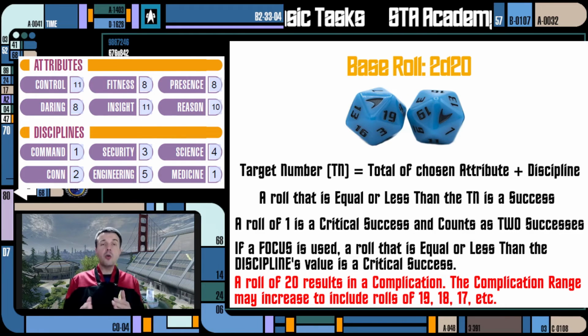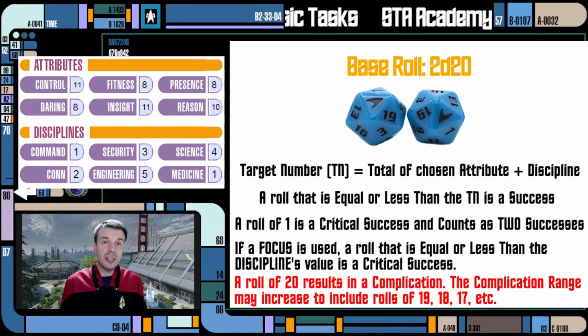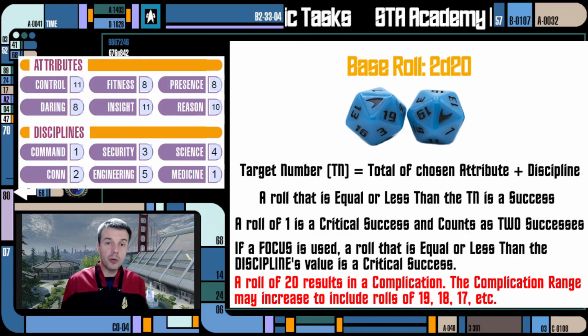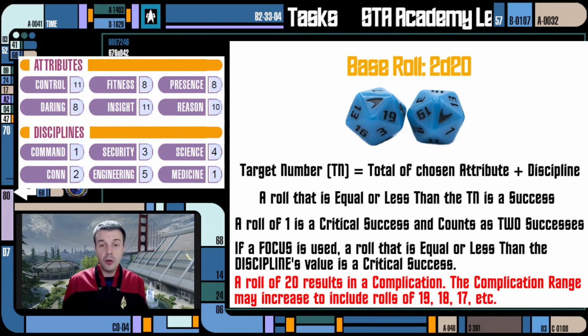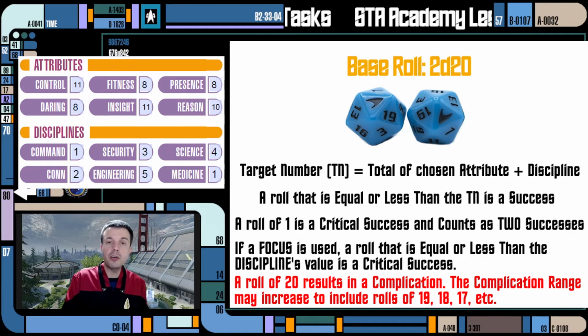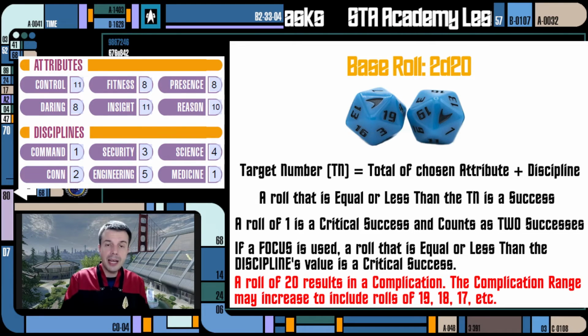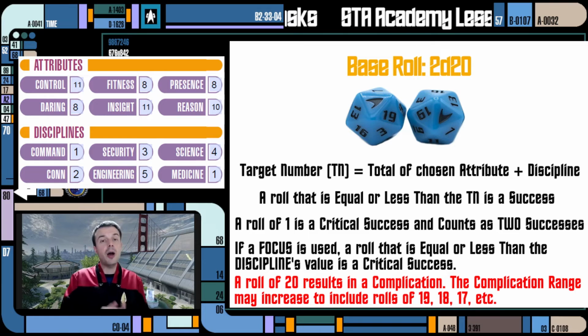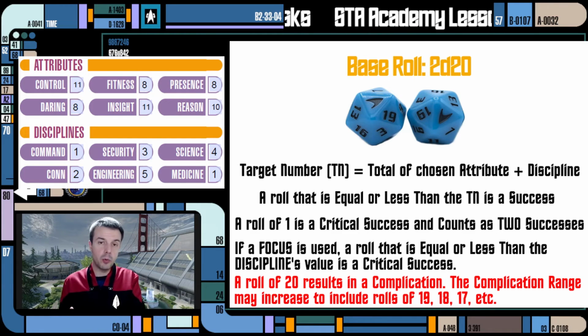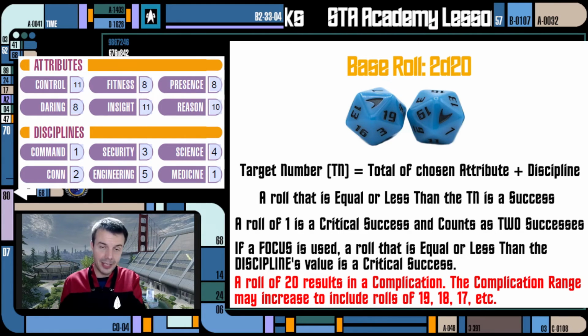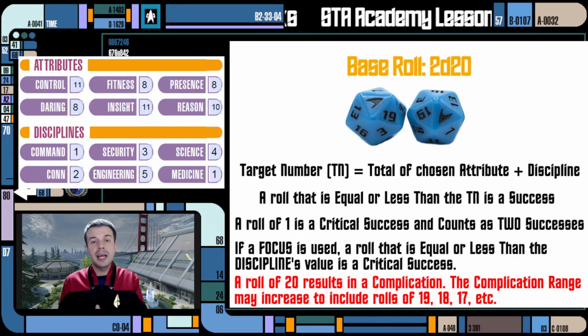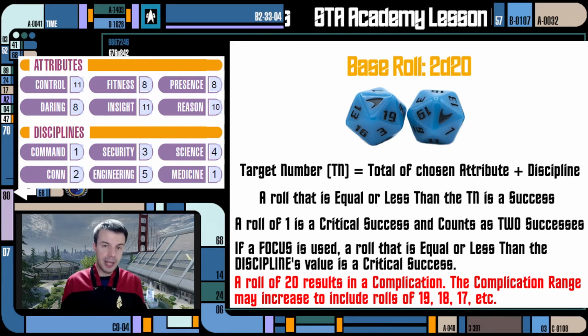Now, along with critical successes, there's also, of course, critical failures, or in this case called complications. If you're rolling a 1, the lowest value you could get on a d20, that is a critical success. The opposite is the maximum you could roll, and that's a 20. If you roll a 20, that is going to be a complication.